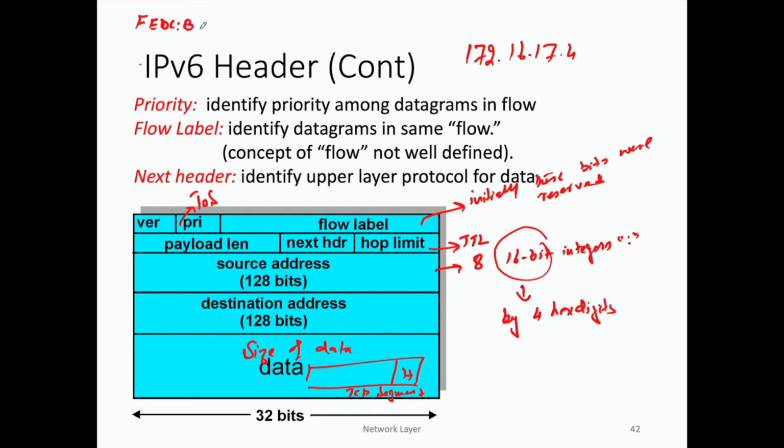Then we have again 4 hex digits separated by a colon, and so on.